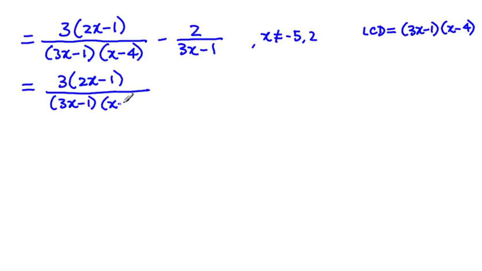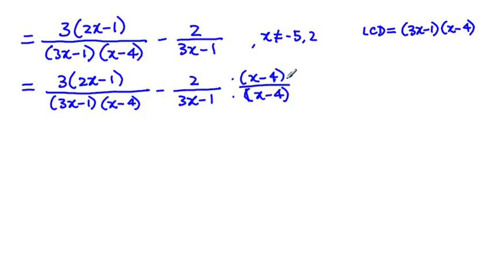We would multiply both top and bottom, both numerator and denominator, by x minus 4. Now remember, when you multiply the numerator and the denominator by the same thing, you indeed multiply this fraction by 1.